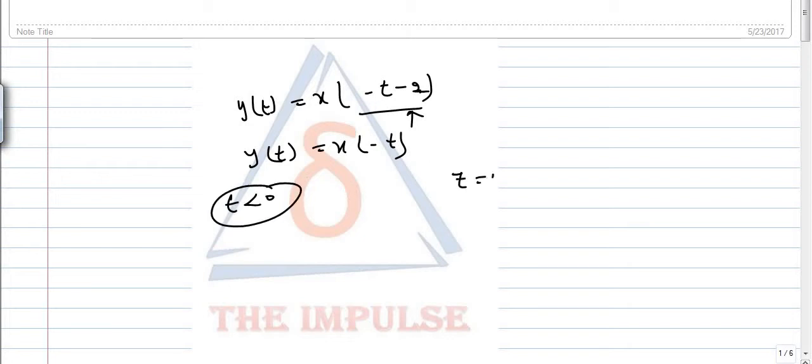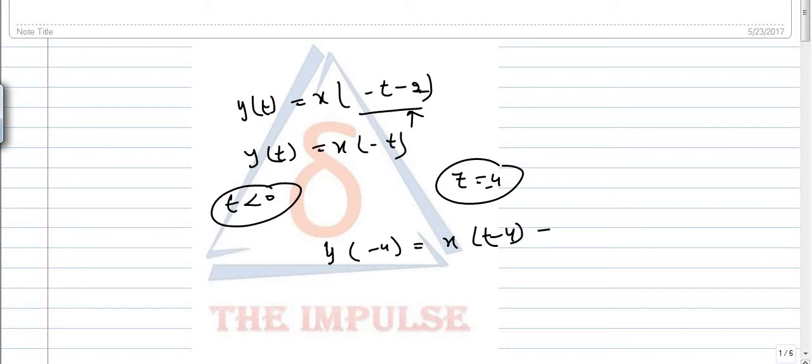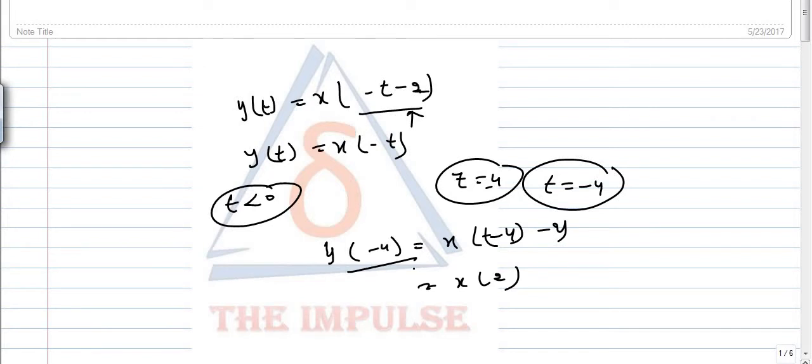If t equals minus 4, we get y of minus 4 equals x of minus of minus 4 minus 2, which is x of 2. So with respect to this present time t equals minus 4, this output depends upon the future value of input. So this system is non-causal.